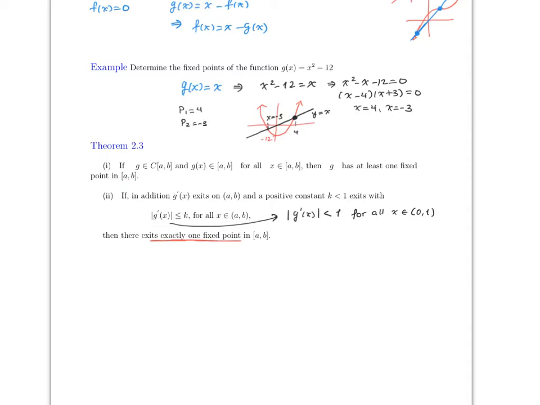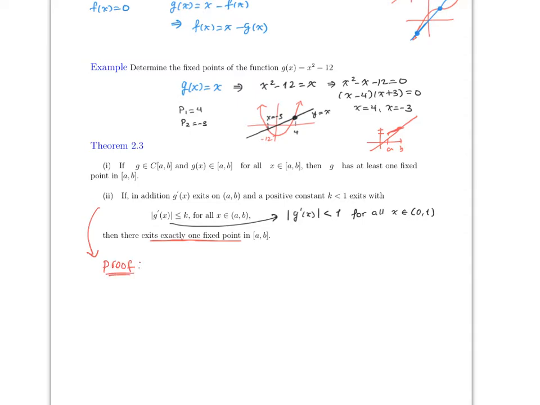That should be obvious in the sense that, if you go from a to b, and the image is also between a and b, then clearly the line is going to cross through there, so you'll have at least one. Now, if the derivative exists and is less than 1 for all the values of x, then the fixed point will be unique. All right, so let's prove this part.